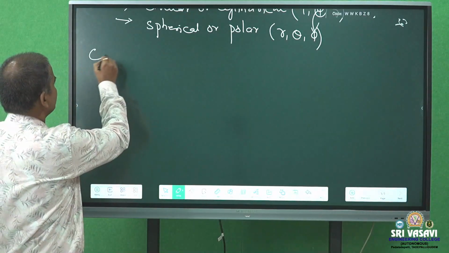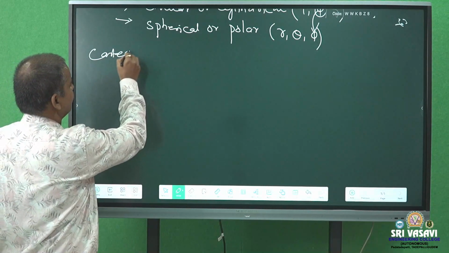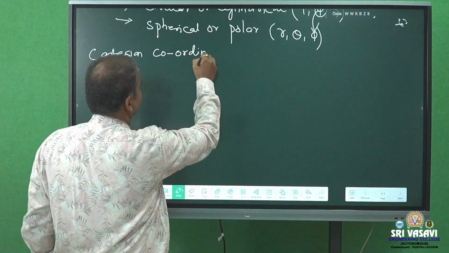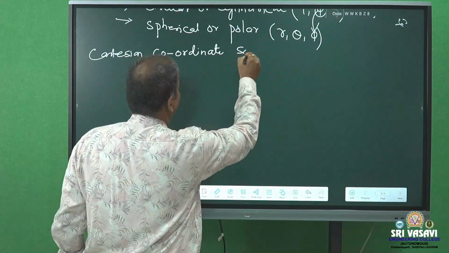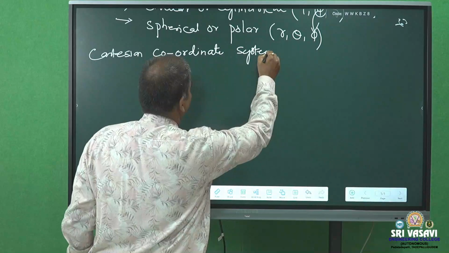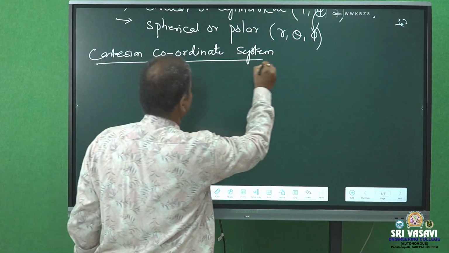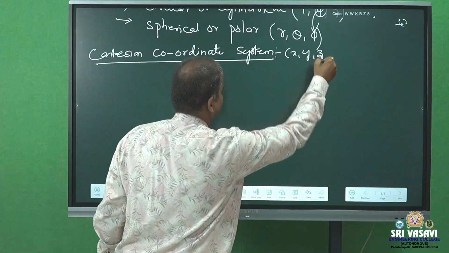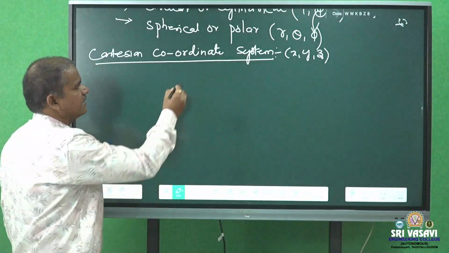For example, I will introduce the first one, the Cartesian coordinate system. Number 1, Cartesian coordinate system. It is also called rectangular, which will be represented as x, y, z.